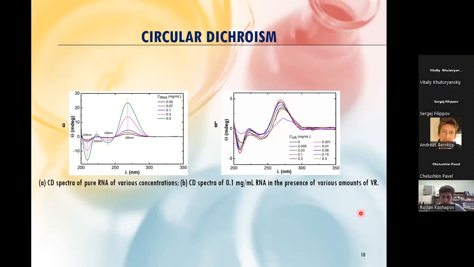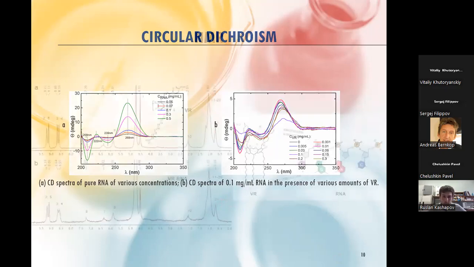The revealed change in ellipticity can be related with the compaction of the NEA helix due to electrostatic interaction between positively charged calixarene molecules and negatively charged NEA fragments.